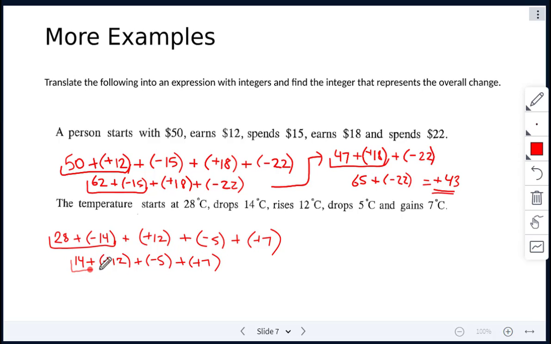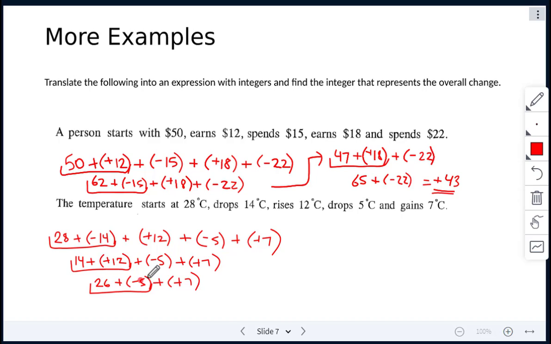So next we have 14 plus 12. We just add that like normal. 14 plus 12 is 26. So we have 26 plus negative 5 plus the positive 7. Okay, so 26 plus negative 5.